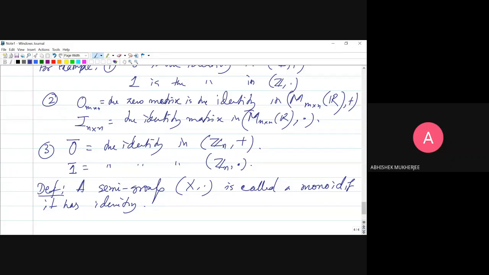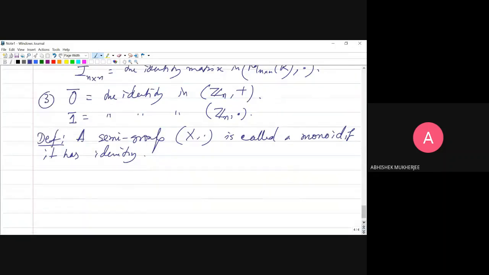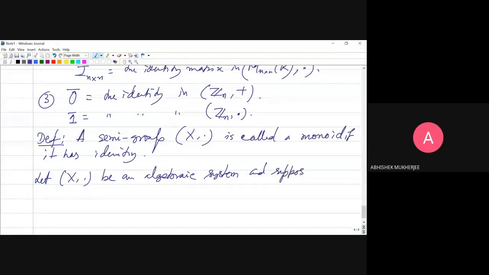Now, one can check that if a semigroup has an identity, then, let us suppose, let (X, dot) be an algebraic system and suppose it has an identity.